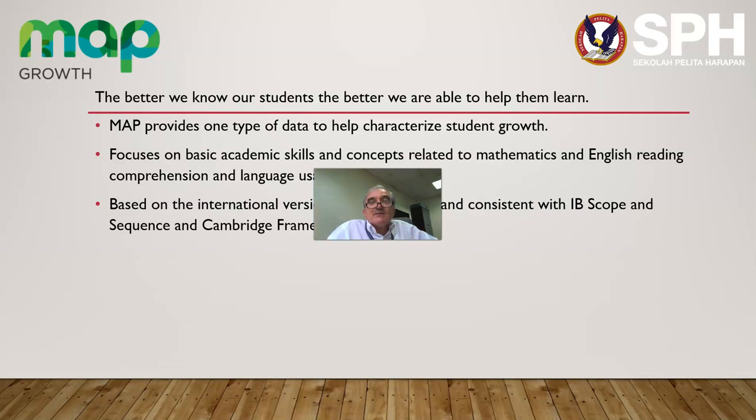Now, the key thing to remember is that this is a focus on basic academic skills and concepts. We go much beyond the basics, but if a student has challenge or has a difficulty with these basic skills, it can impact their ability to achieve in the higher order skills that we expect.